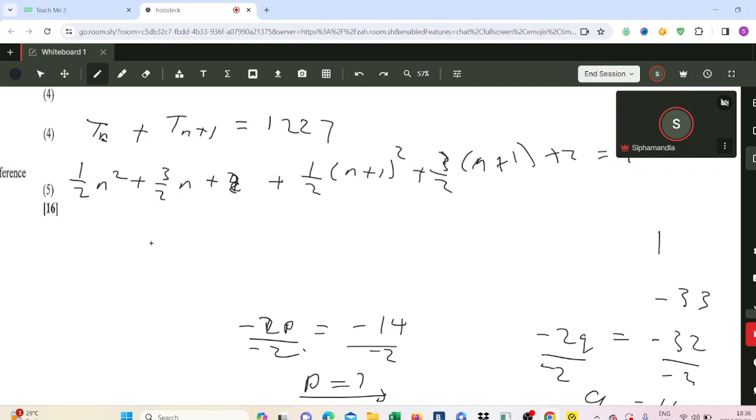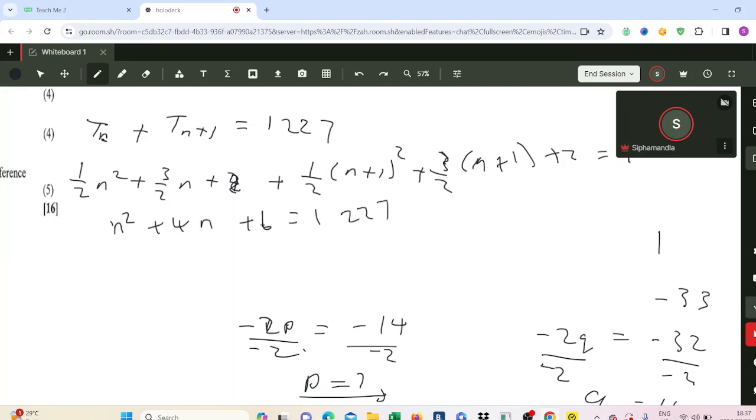After addition and everything, you get the complete equation: n squared plus 4n plus 6 equal to 1227.